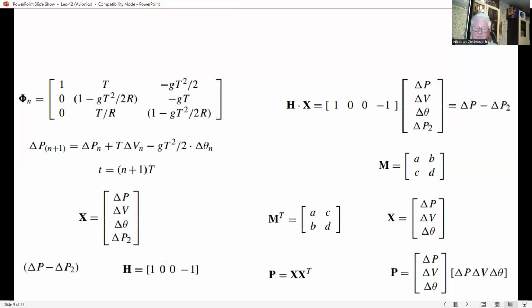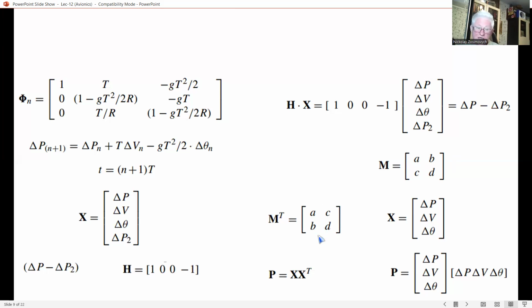So, for example, if we have a matrix M represented by coefficients A, B, C, D, the transpose of matrix M, M transpose, will be: A B, instead of a row, will be a column, and C D, instead of a row, became a column.